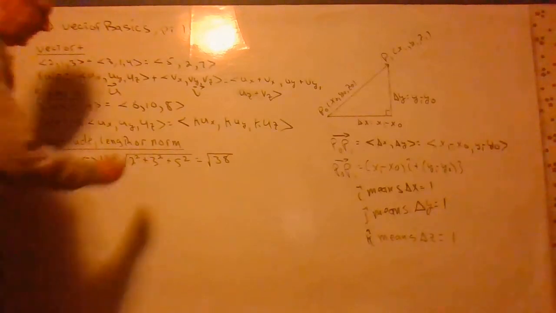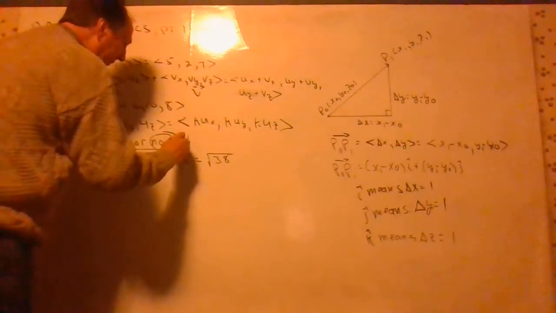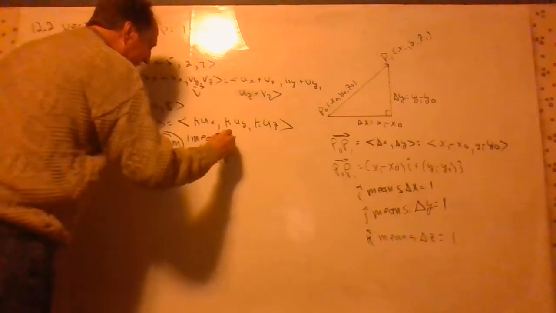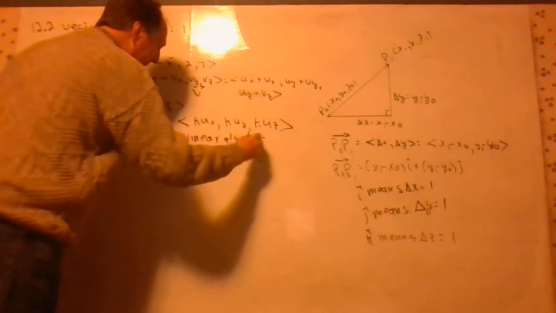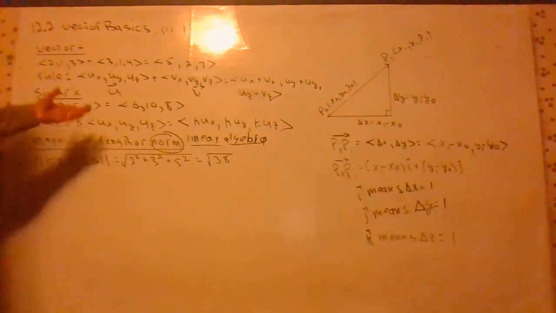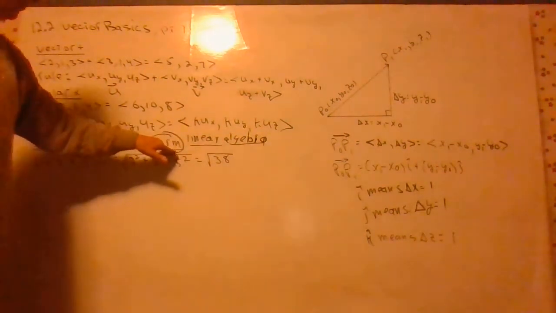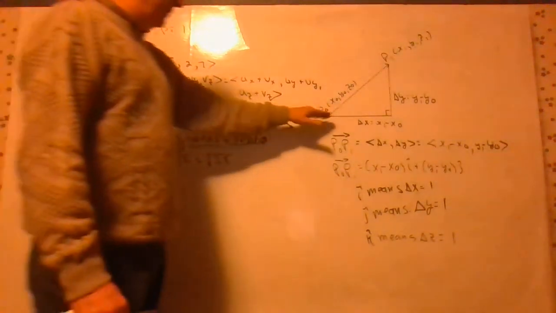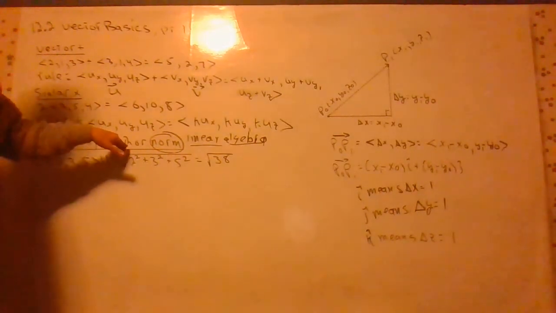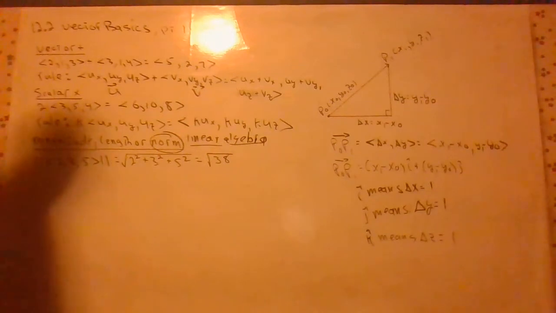And then norm tends to be a linear algebra term. And we generalize that because in linear algebra we talk about higher dimensional vector spaces, 4, 5, 6, and 7. And so if we're operating in 7 dimensions, length ceases to have meaning. We can't measure anything in 7 dimensions.